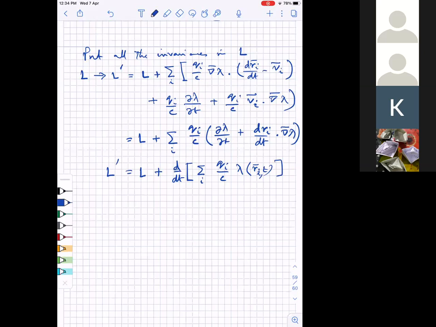Right, so this is what we can do. So take the time derivative, take the spatial derivative, and then combine it into a total time derivative.